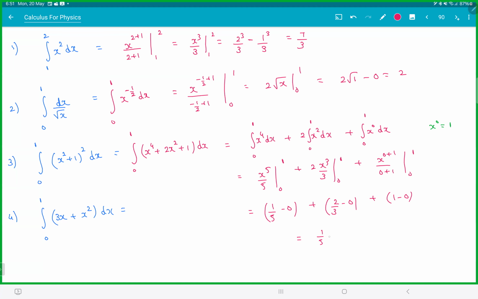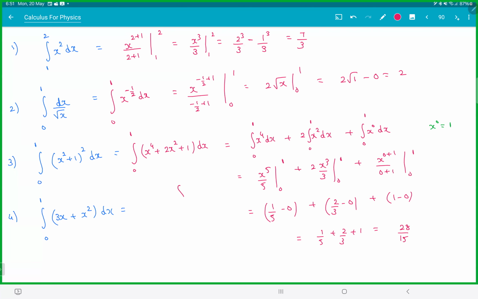So this is 1 by 5 plus 2 by 3 plus 1. How much is this? 3 plus 1, 5 by 3, 5 by 3, 1 by 5. 5, 15, 20 by 15, no. 28 by 15. Please check your answers.